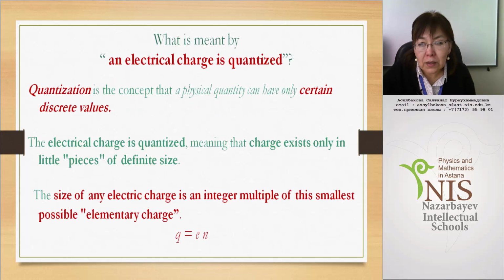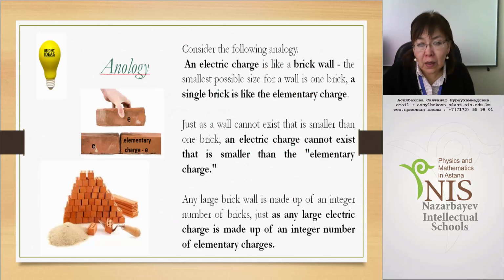So let's consider what it means that charge is quantized. Quantization is a concept that a physical quantity has only certain discrete values. We can use, for example, an analogy. If you would like to build a wall, you can use bricks.